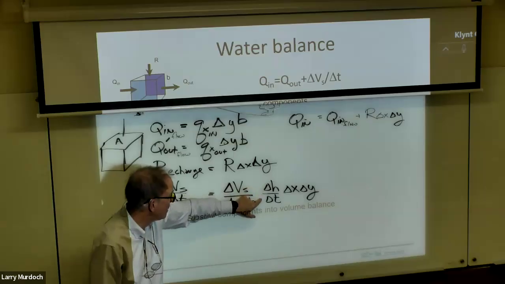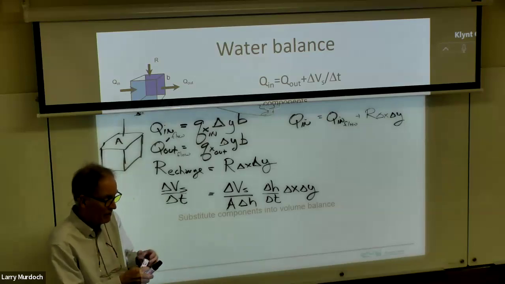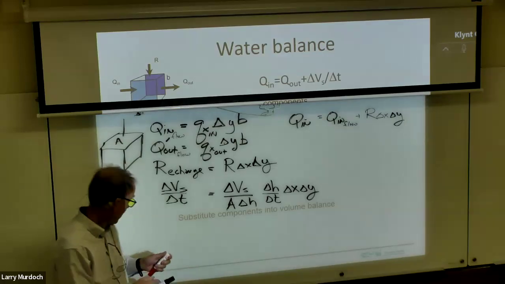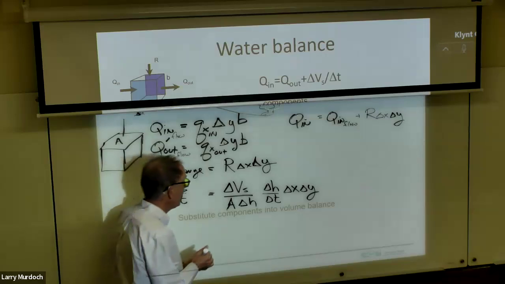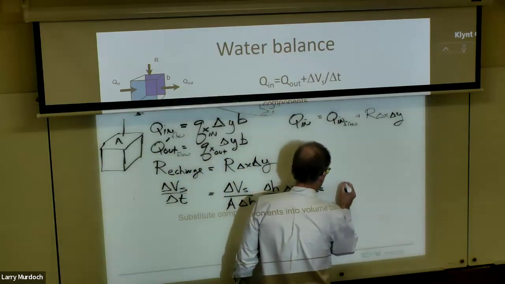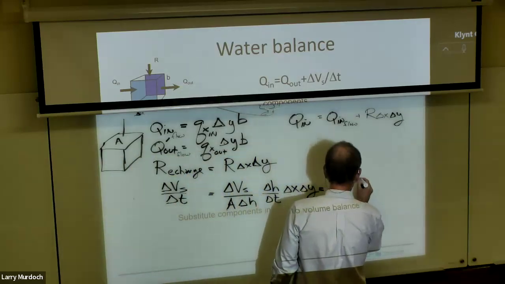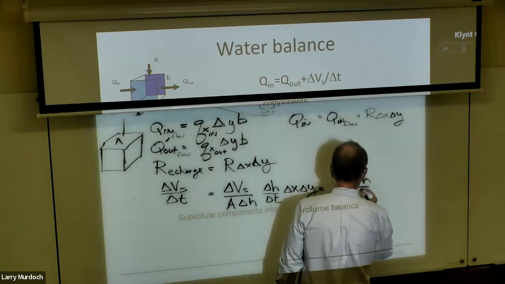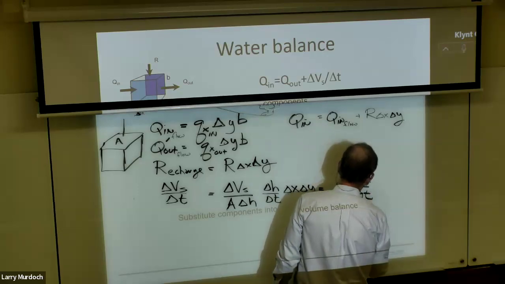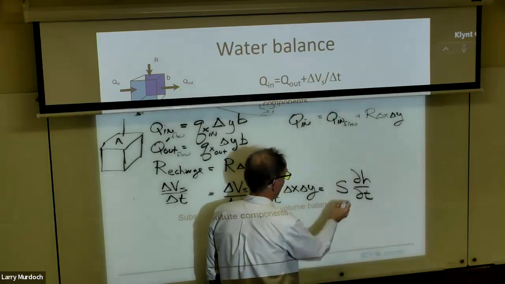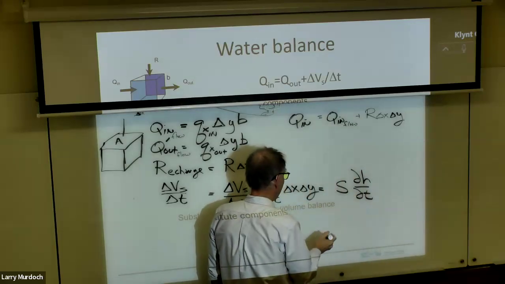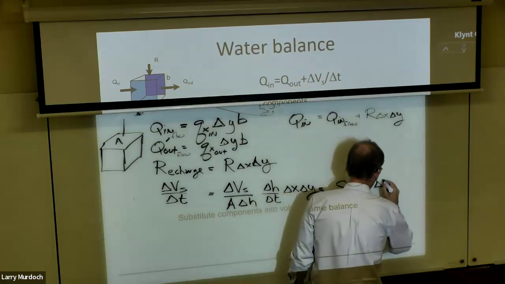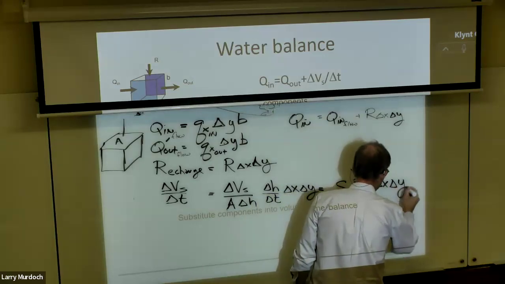And the change in head with time is just the rate of change of head with time. So I can write this like this: storativity, and then I'm going to write this as a rate, the derivative of H with respect to T, and then I'll have the delta X and delta Y.